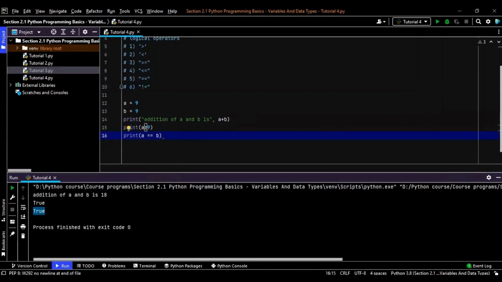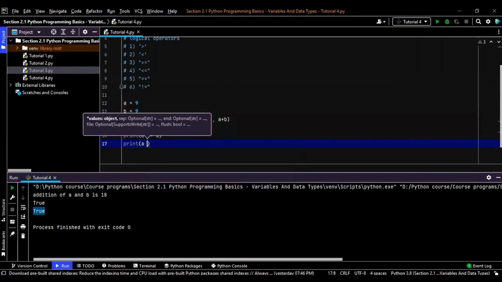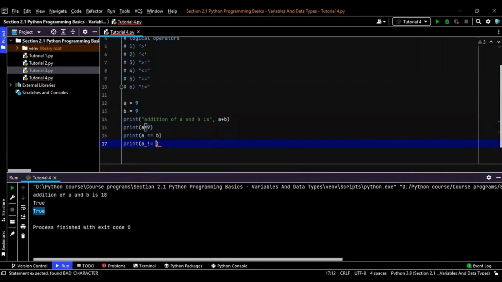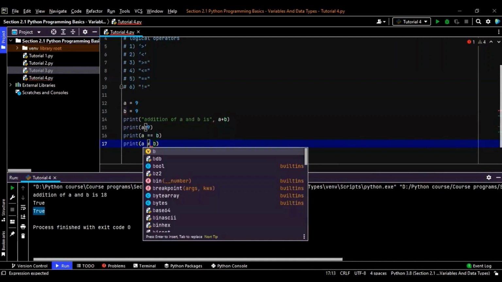What exactly is not equal to? So let's say I print a is not equal to b. I'm using Prettifier as one of my plugins over here.